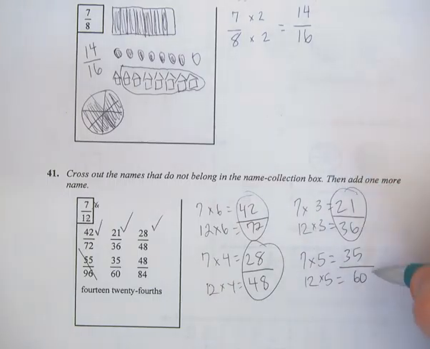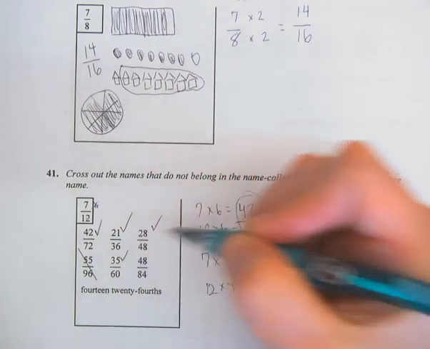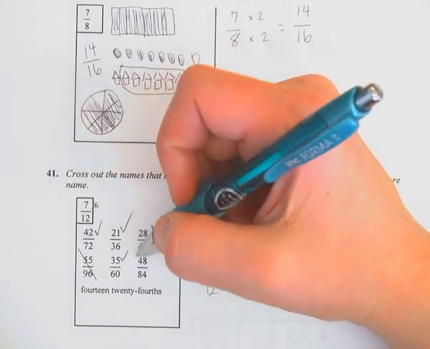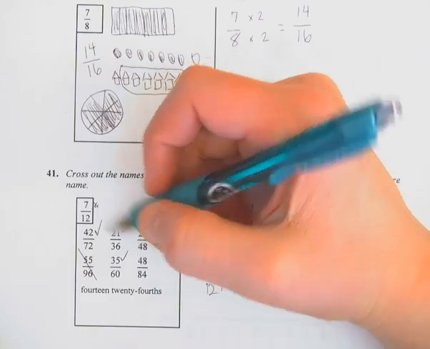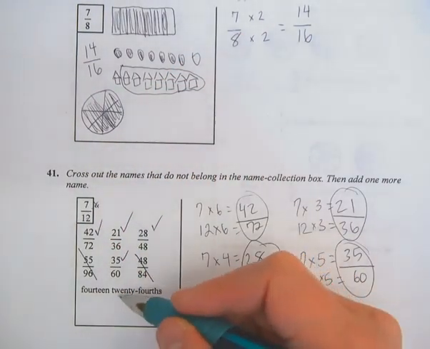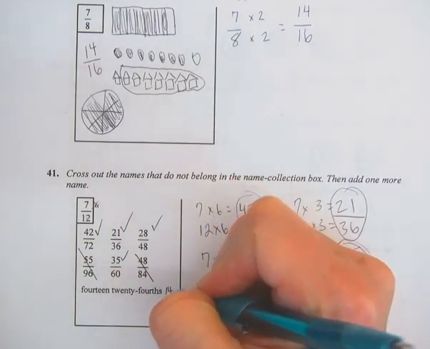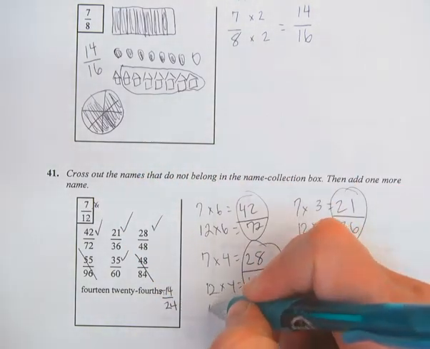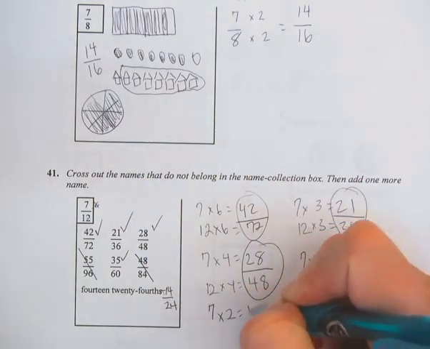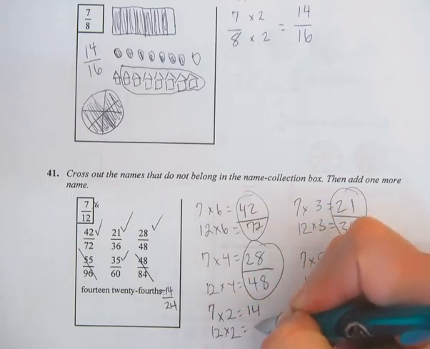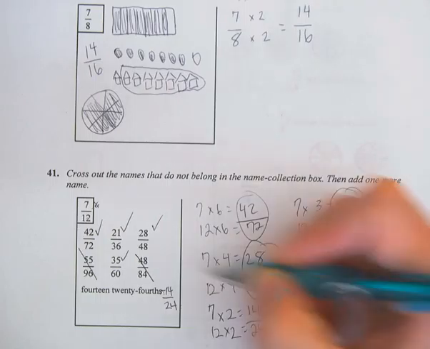So 35/60ths is going to work. 7, there's not much times 7 that equals 48, so 7 times 7 is 49, but that doesn't help us. So we're going to cross that one out. And then this is 14/24. And 7 times 2 equals 14, and 12 times 2 equals 24. So that one works, that's good.